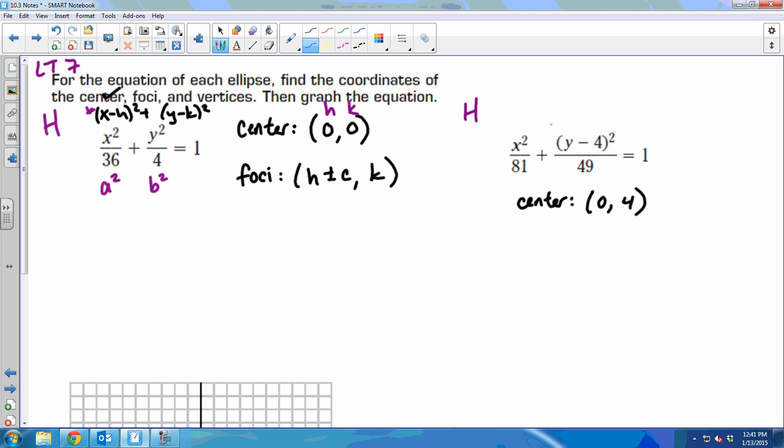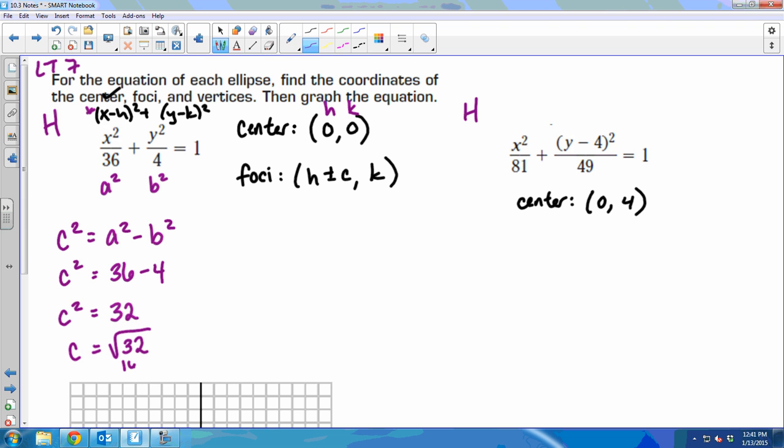So also on the red sheet, it says c squared equals a squared minus b squared. So c squared equals 36 minus 4. C squared then should equal 32. So c will equal the square root of 32.